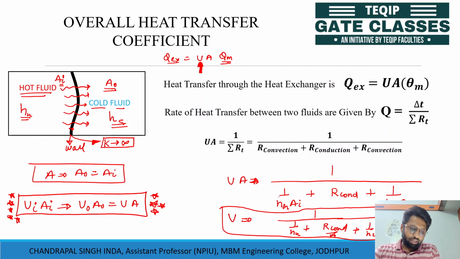Now I am neglecting the R conduction, meaning the conductive resistance, as we have considered that the material we are going to use for the wall has high thermal conductivity and the wall thickness is negligible.